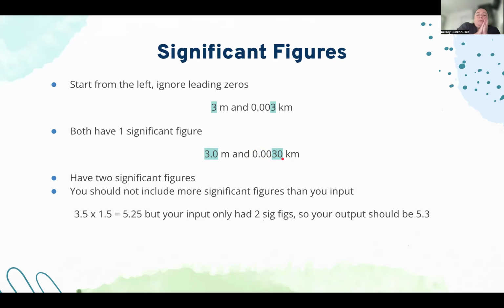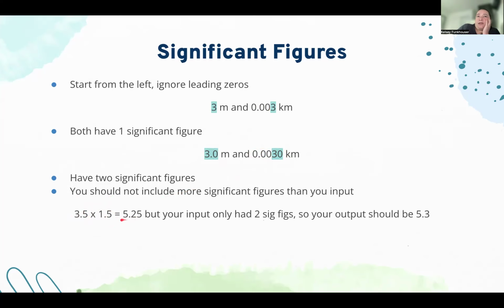But an important point with significant figures is you should not include more significant figures than you input. So, for example, if you're multiplying 3.5 and 1.5, both of these, if you just count, have 2 significant figures. Now, if you plug this into a calculator, it will give you 5.25.